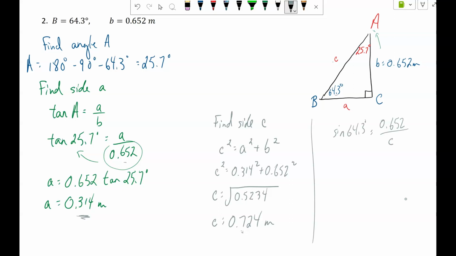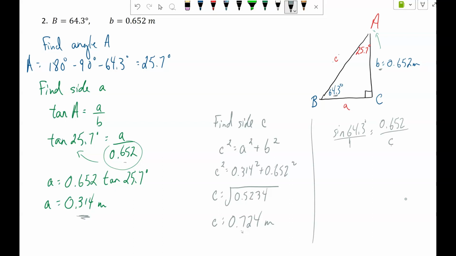The sine of 64.3 is its opposite side over the hypotenuse. All right, solving for C. Okay, so when the unknown's in the denominator, we have to be very careful, all right? Let's think of that as over 1. Now we can use the proportion method, cross multiply and divide, right?